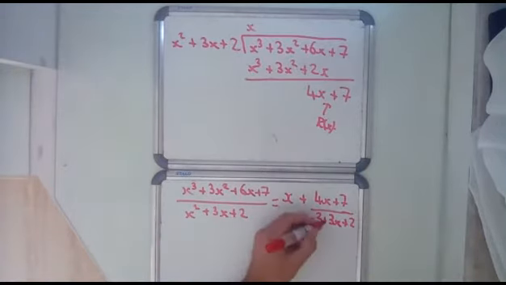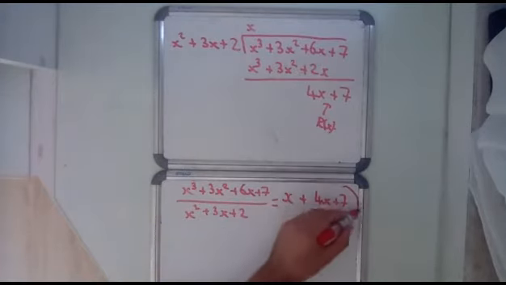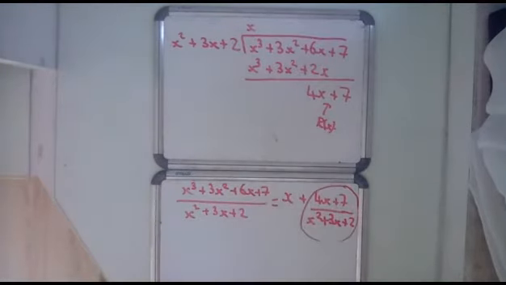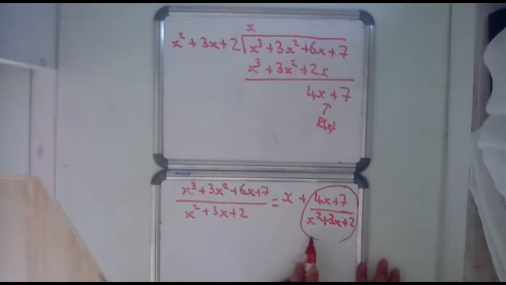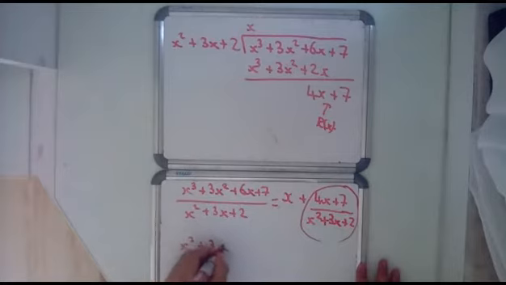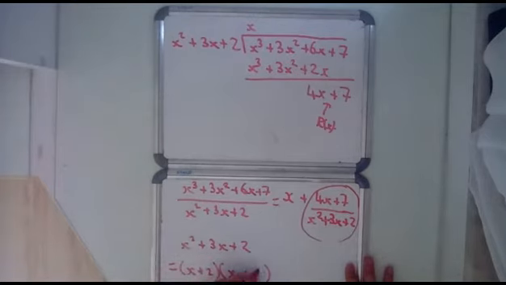So now we're going to proceed by looking to see what we can do to convert this part of the right hand side into partial fractions. So it's in a form that we're used to now. You can look at the denominator, x² + 3x + 2, and it factorizes very nicely. 2 times 1 is 2, and 2 plus 1 is 3, it's all positive, so (x + 2)(x + 1).